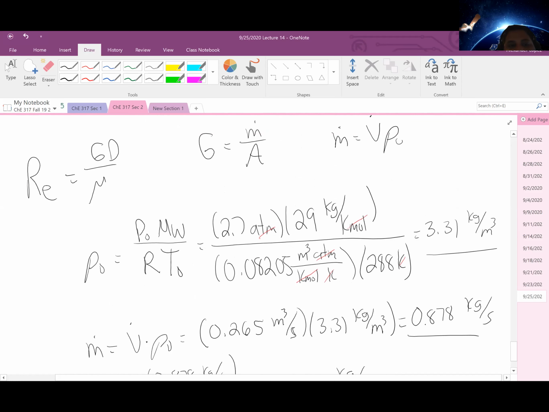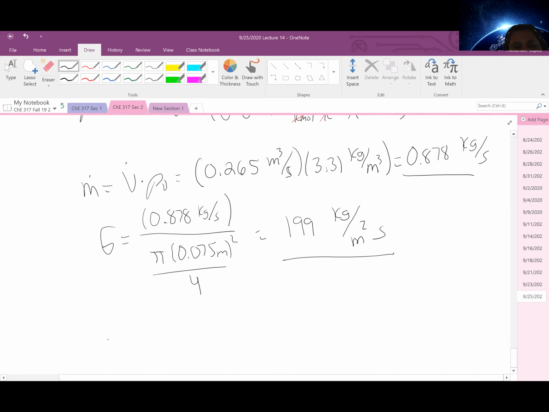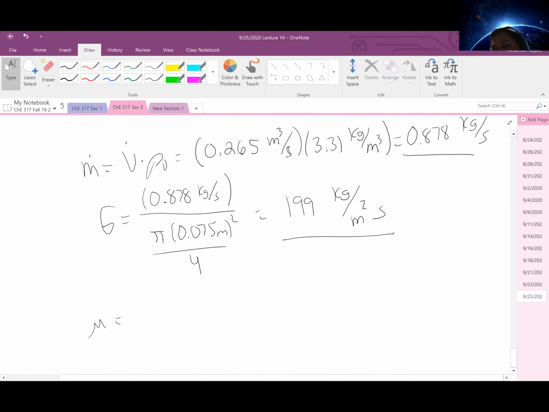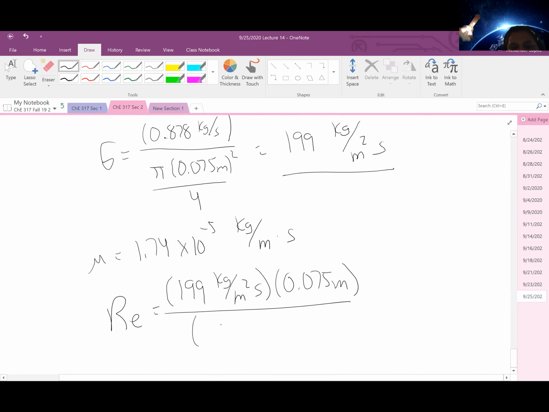The only thing that we need now to find our Reynolds number is our viscosity. Looking up our viscosity, we can get a value of approximately 1.74 times 10 to the minus 5th kilograms per meter second. So our Reynolds number is approximately 199 kilograms per meter squared second times the diameter of 0.075 meters over our viscosity of 1.74 times 10 to the minus 5th kilograms per meter second.